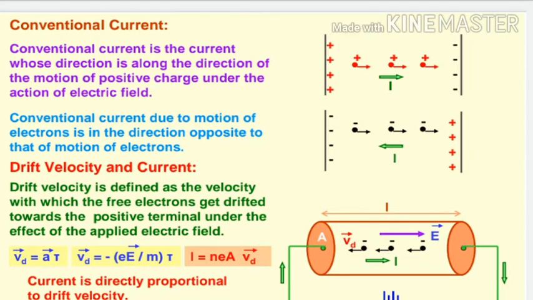In the figure it is clear what conventional current is. It means in whichever direction positive charges move, in that direction conventional current can be taken. That can also be taken in the direction of the electric field.